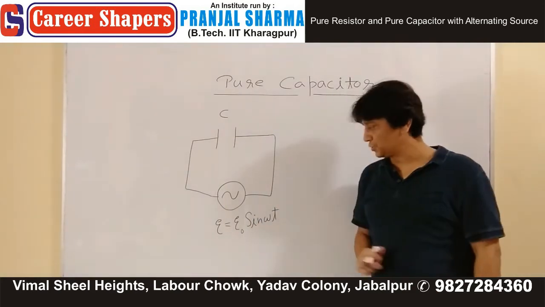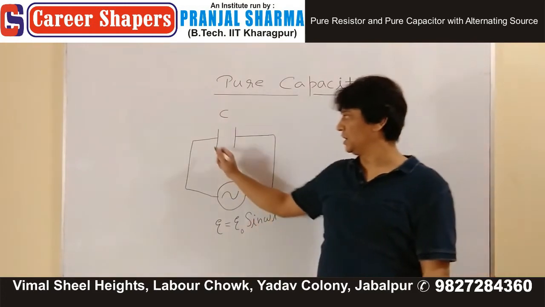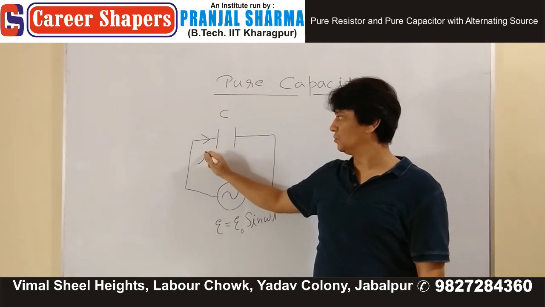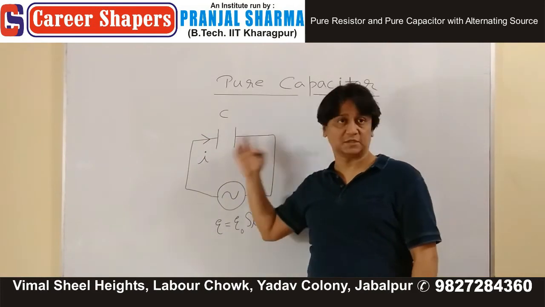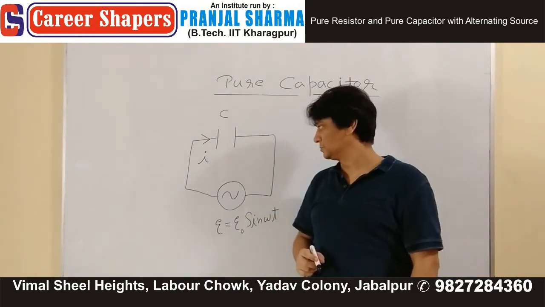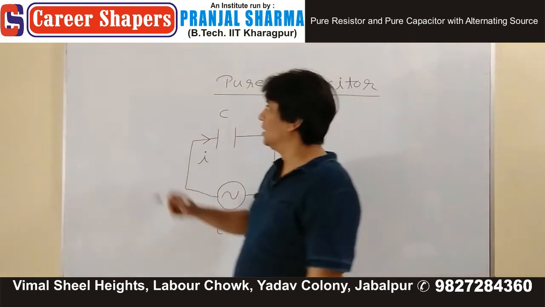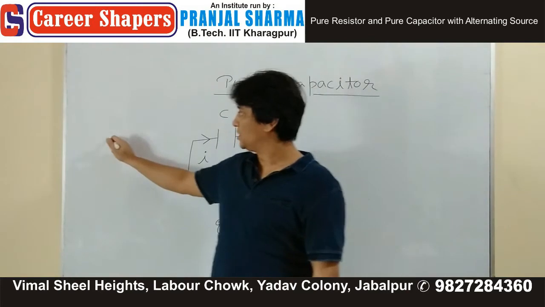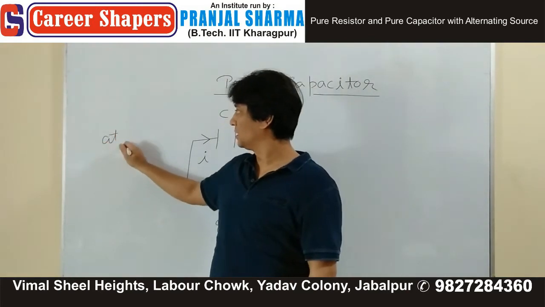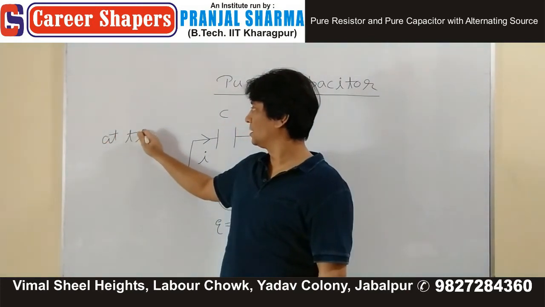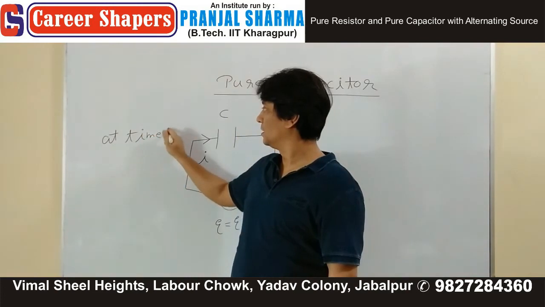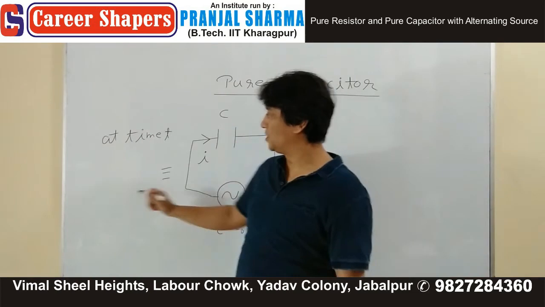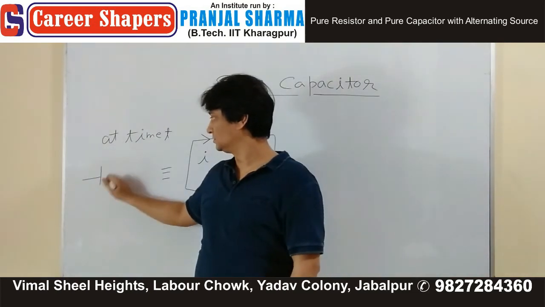E equals V naught sine omega t, and we need the current which is flowing in this capacitor. Now, at time t, just as we did in the previous setup, things are like this.